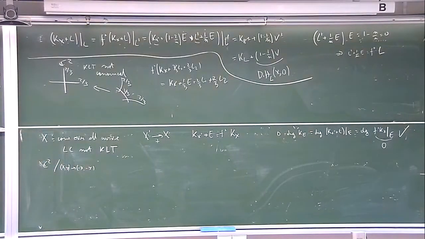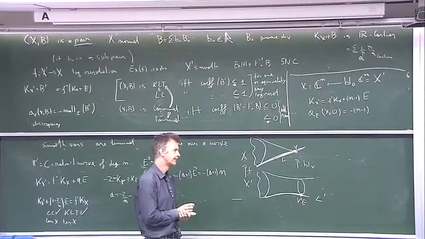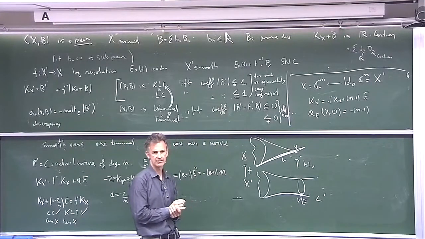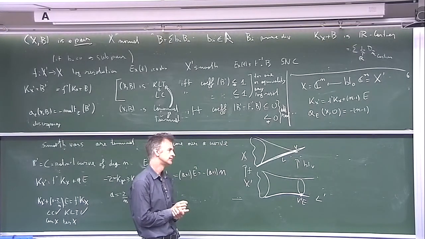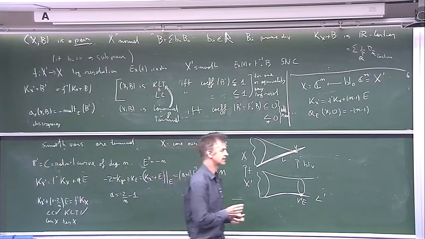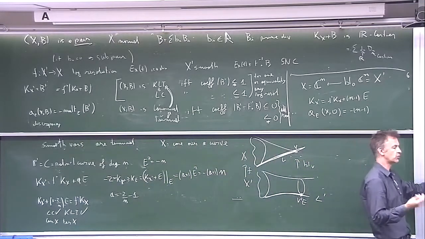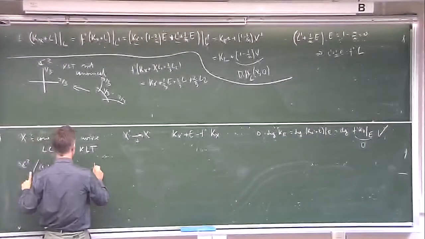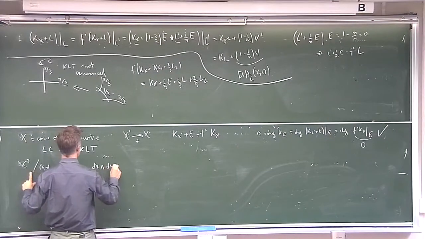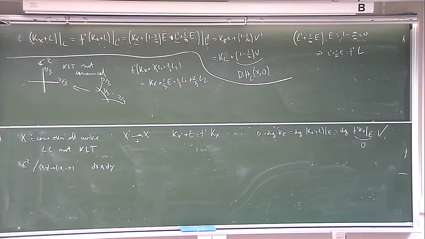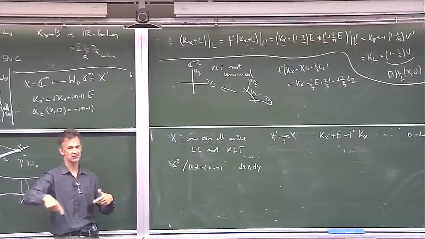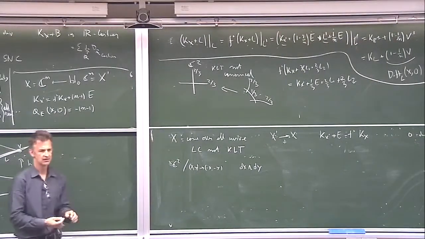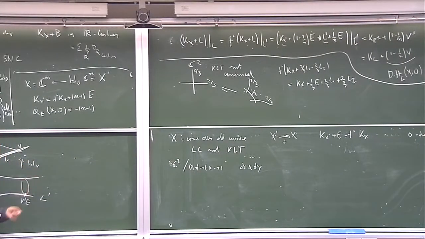I think that's a canonical but not KLT singularity. Note that the canonical class here will be Cartier, right? Because dx ∧ dy goes to d(-x) ∧ d(-y), which is again dx ∧ dy, so it's actually canonical. So yeah, I think I got it right.